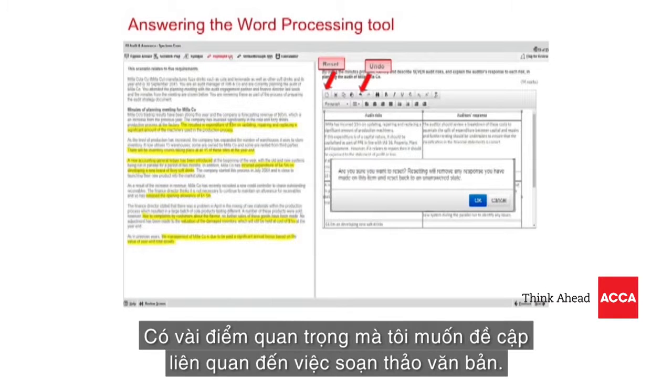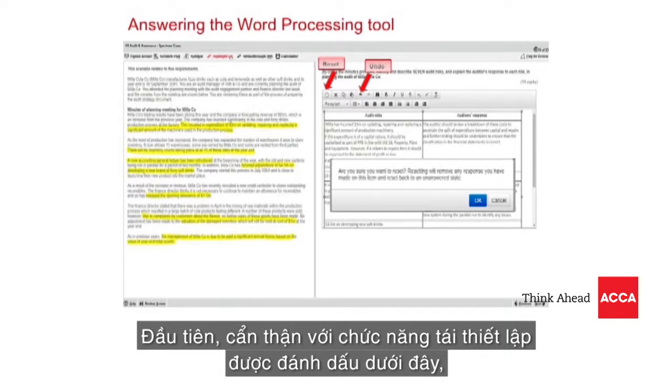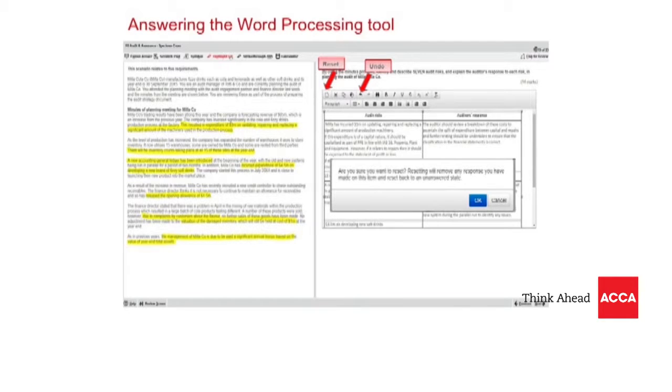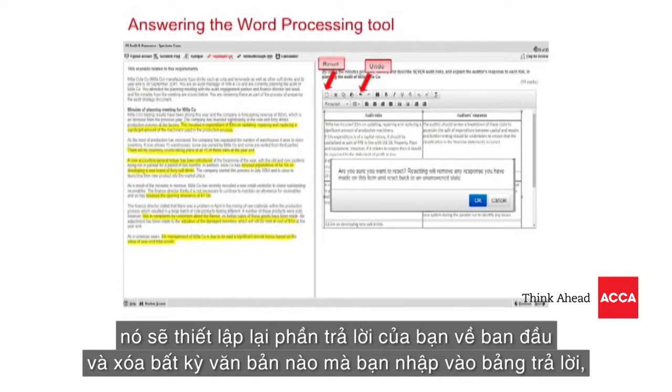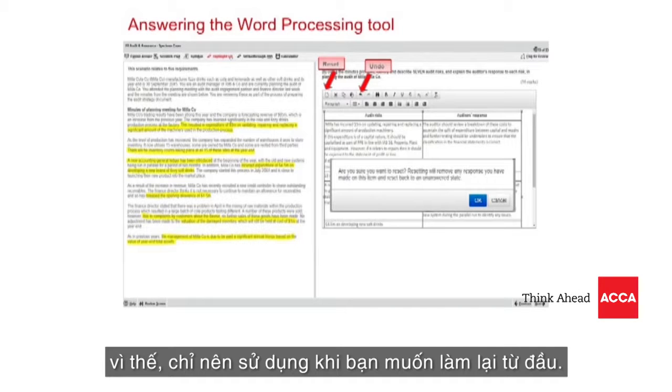There are some other important things that I just want to mention in relation to the word processing tool. Firstly, be very careful of using the reset function, which is being pointed out now, as this resets the response area to its original setting and removes any text that you have inserted into the response area. Only use this if you want to completely start again.